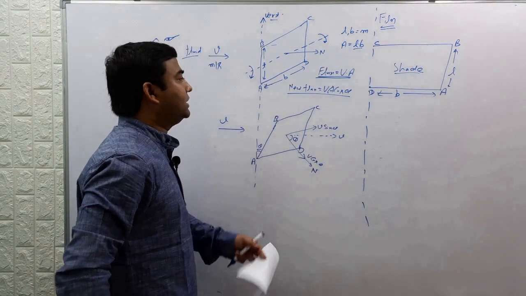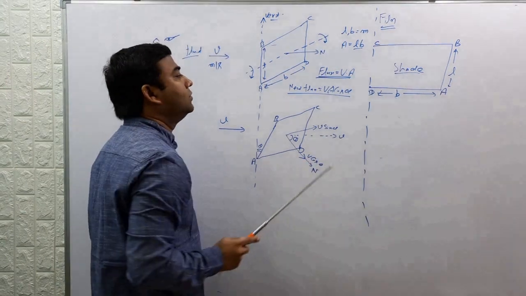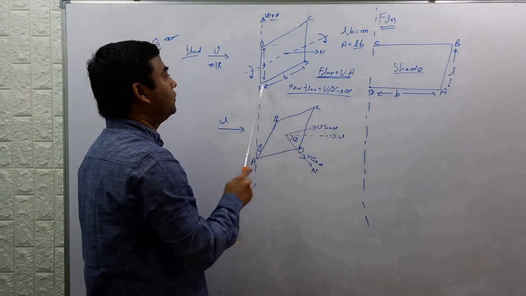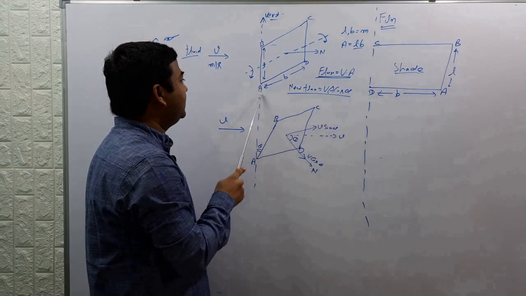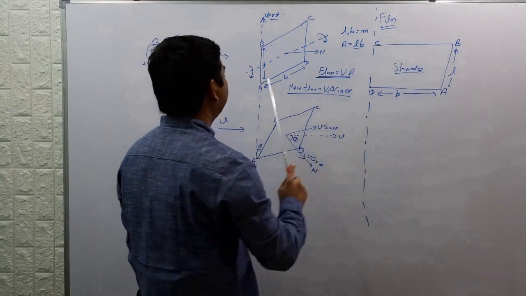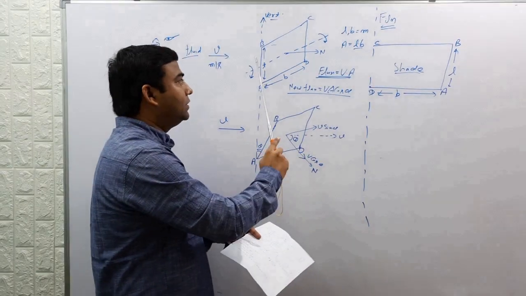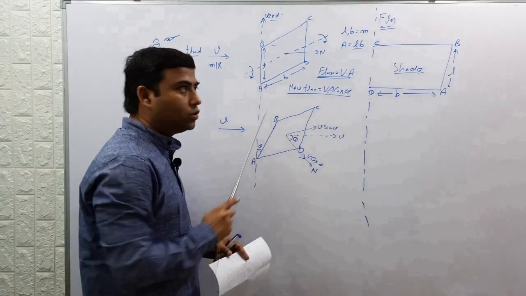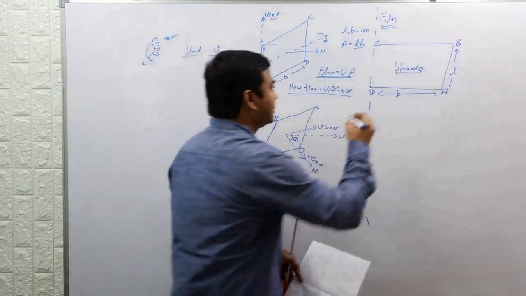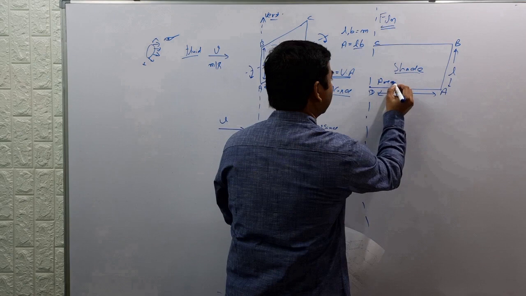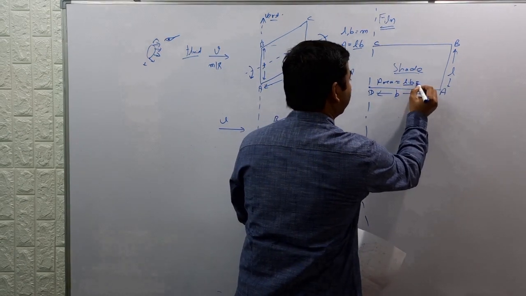So you can easily see the dimensions of the shade will be equal to the dimensions of the original rectangle. AB is L and AD is B. So the area of the shade will also be equal to the area of the original rectangle, L into B. That is the original area, A.